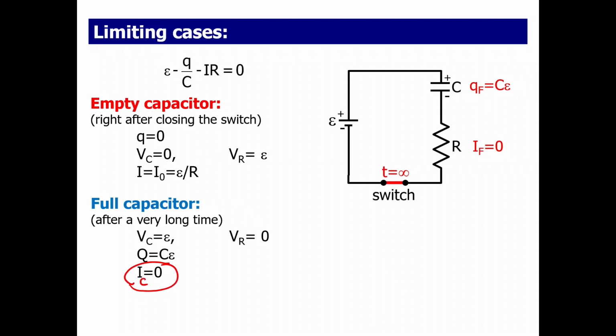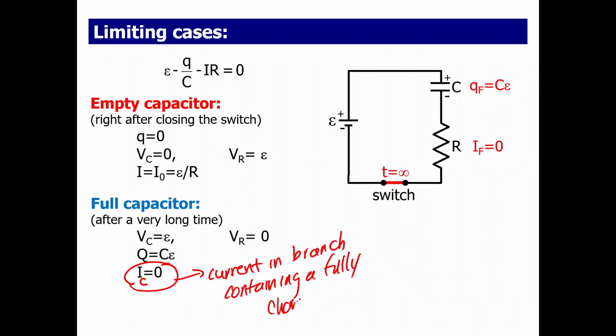So when you look at the current, when you make a note of this, I would say that I_C is equal to 0, where this is the current in the branch containing a fully charged capacitor. Because if you have a more complex circuit, there may be multiple branches, and only the branch containing a fully charged capacitor has zero current.